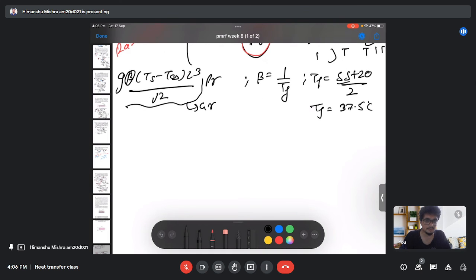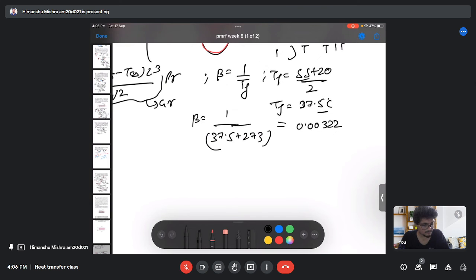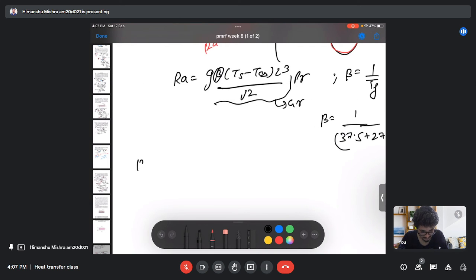As I have said, to find beta we need to convert this mean temperature into Kelvin. It is given in degrees Celsius, so I will add 273. So my beta will be 0.00322 Kelvin inverse.